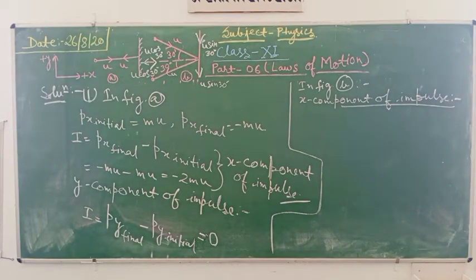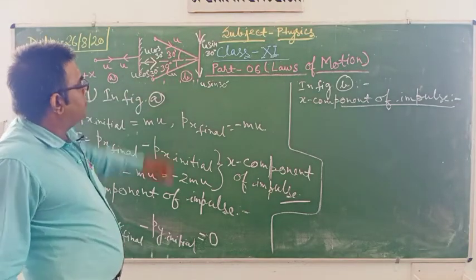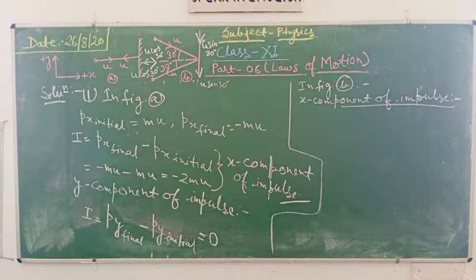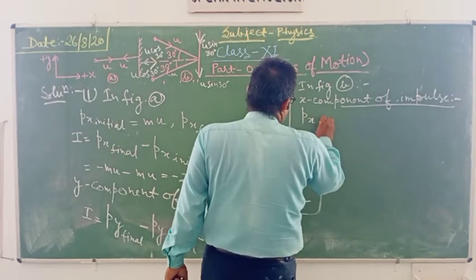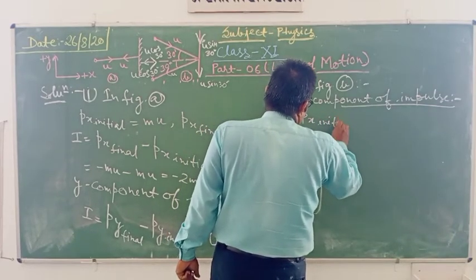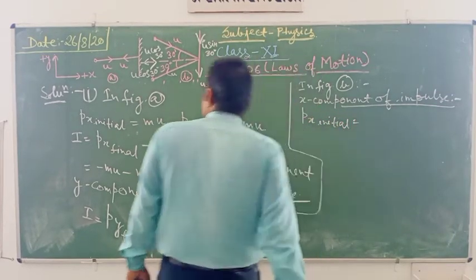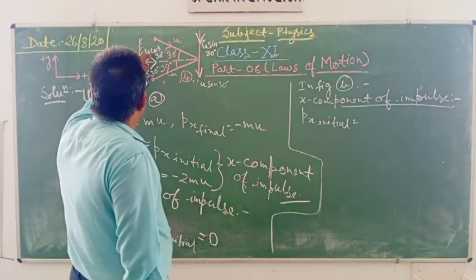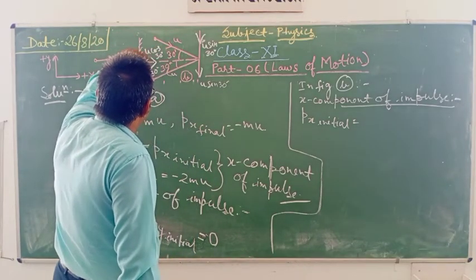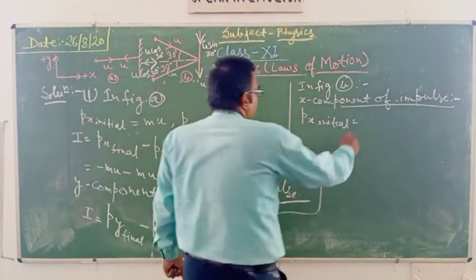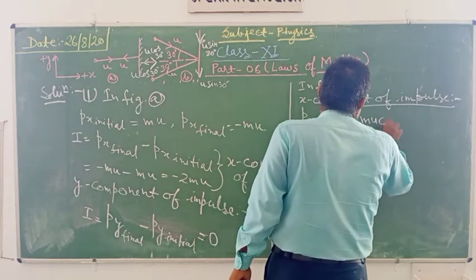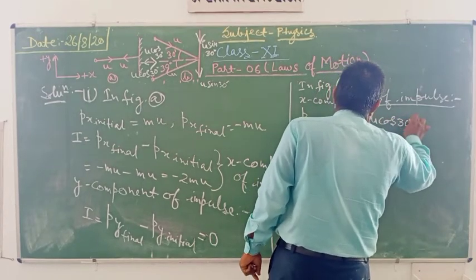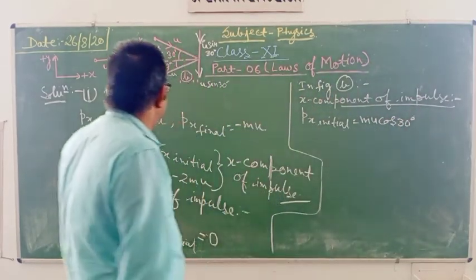So we'll calculate the x component of the impulse, and Px initial, the initial momentum. This is the initial velocity, so Px initial is equal to mu cos 30 degree.